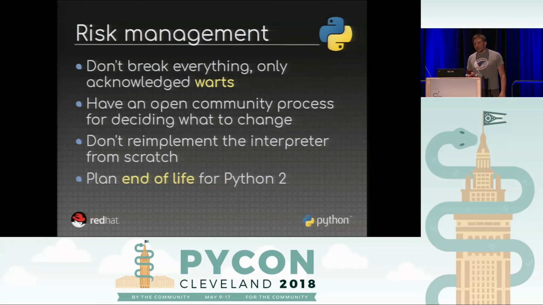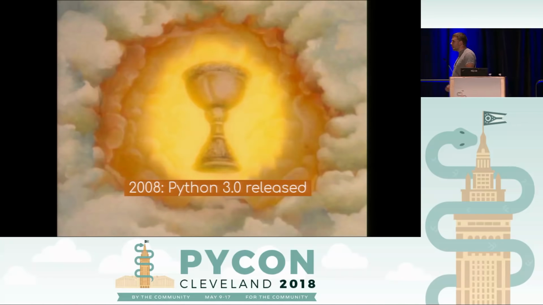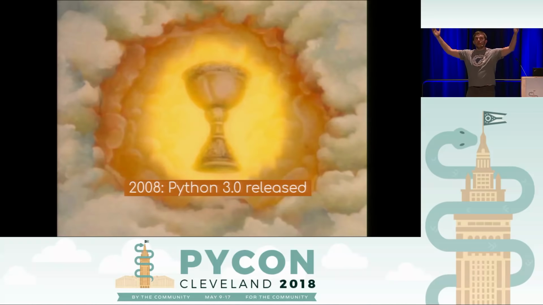And we didn't want to re-implement the interpreter from scratch, because if you restart to write a new interpreter from scratch, maybe you will get some subtle behavior differences, and we really wanted to limit the number of incompatible changes. And finally, to announce to everybody that they will have to do something, we planned the end of life for Python 2 from the beginning. And finally, in 2008, the Holy Grail, Python 3. We got it.